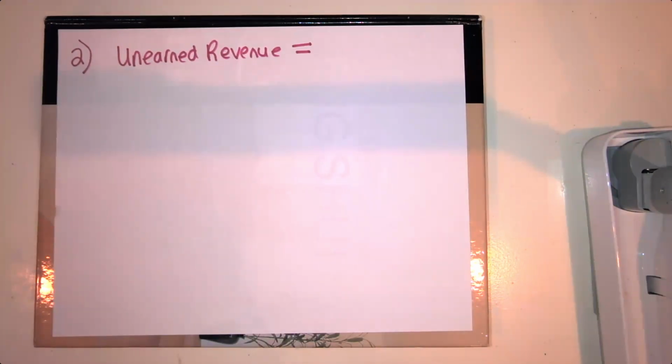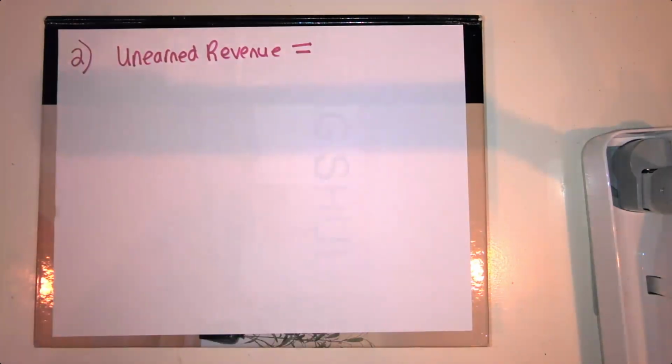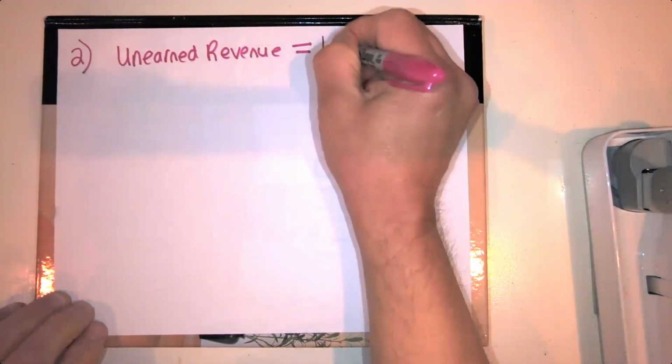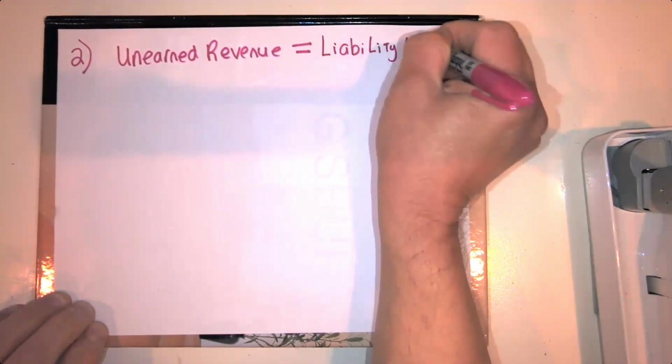It is a liability. Good job. Zane, stay with me. I have a few more questions. But you are absolutely correct. Don't let the name of the account trip you up. Even though it says revenue in its name, it is not a revenue account. Unearned revenue is classified as a liability account.